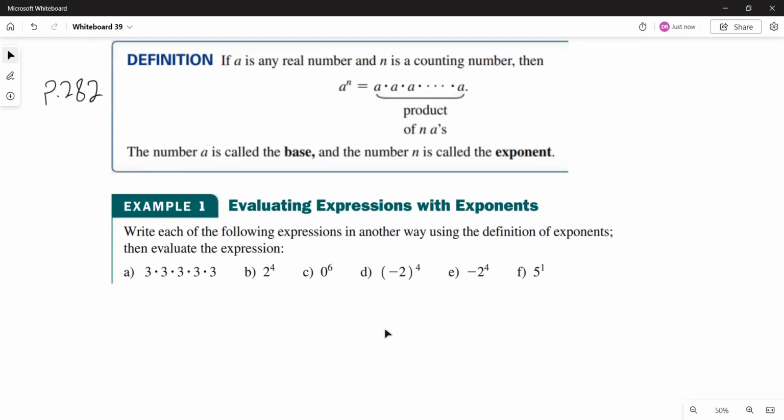Then evaluate the expression. So the first one, a product of 5 threes is 3 to the 5th power. And if you multiply 3 5 times, it's going to be 3 times 3 is 9. 9 times 3 is 27. 27 times 3 is 81. And 81 times 3 is 243.